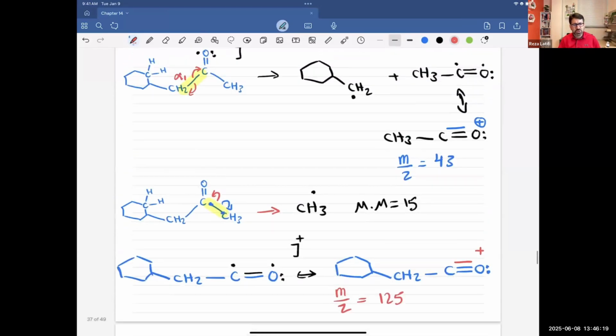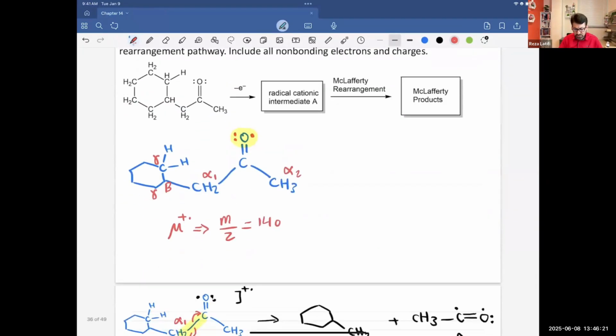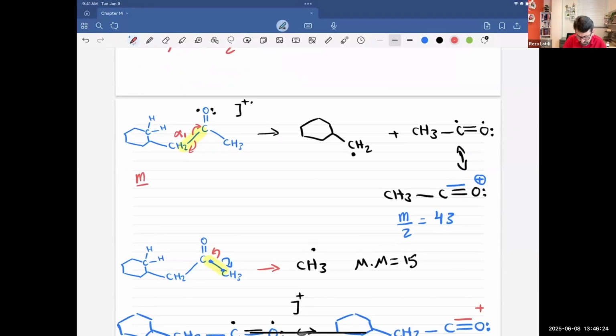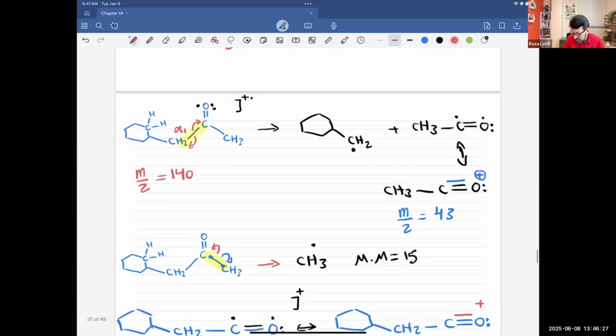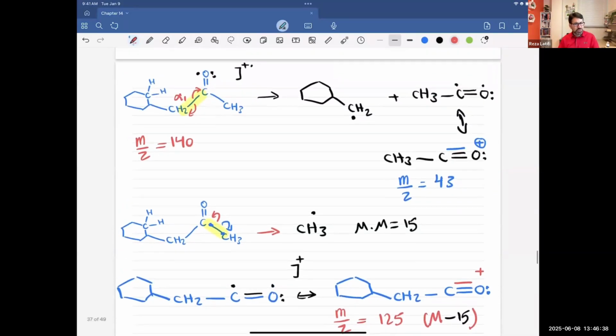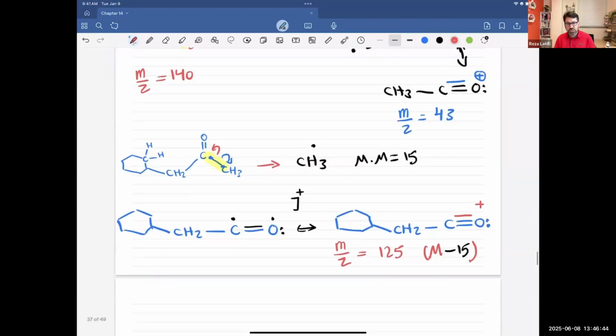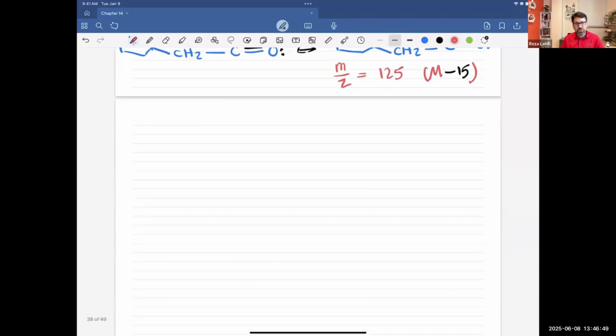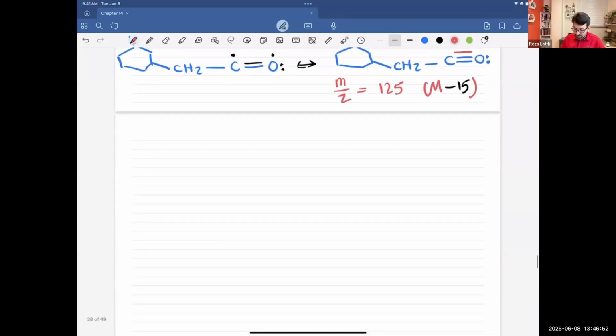So we started with 140. M over Z here is 140. We ended at 125, so I can label this one as M minus 15. So 2 signals until now. I got 2 cations. One has a mass of 43, and the second has an M over Z of 125. Now, what will happen if we go through McLafferty rearrangement?